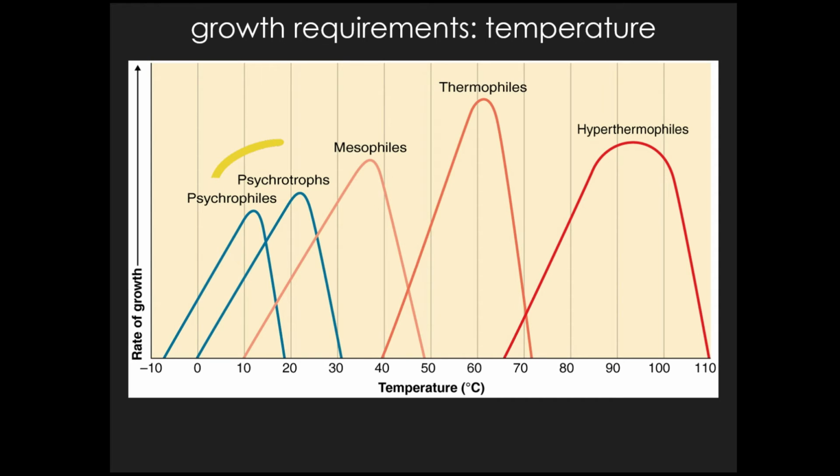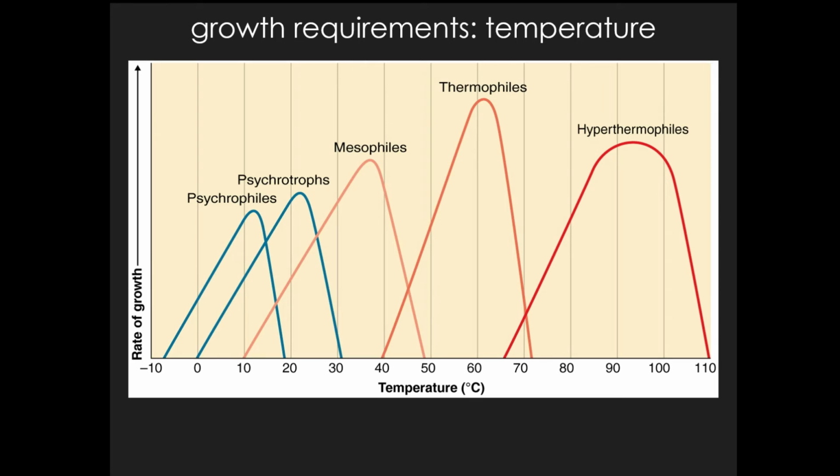And psychrotrophs are a really interesting group of organisms. You could kind of compare them to the facultative anaerobe. Whereas the facultative anaerobe can survive anaerobically but doesn't prefer it, the psychrotroph can grow in cold, but it doesn't prefer it. So psychrotrophs are those organisms which can grow in cool temperatures but don't prefer it.